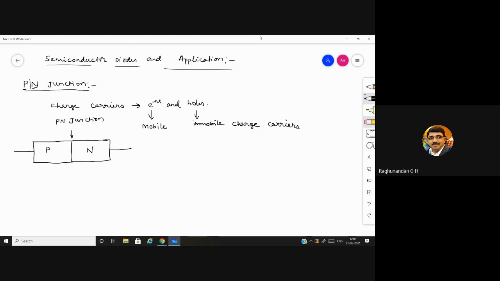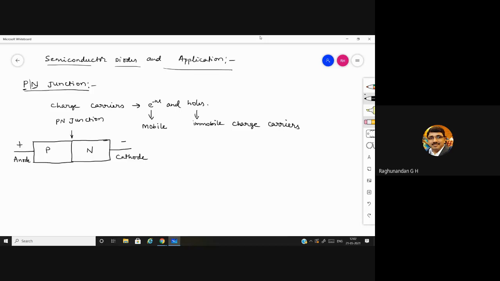One terminal is known as the anode, which is towards the P layer, and the other terminal is known as the cathode, which is towards the N layer. So this is the positive terminal, this is the negative terminal, and the junction formed is the PN junction. That's why we call it a PN junction diode. The diode formed using the PN junction concept is the PN junction diode.